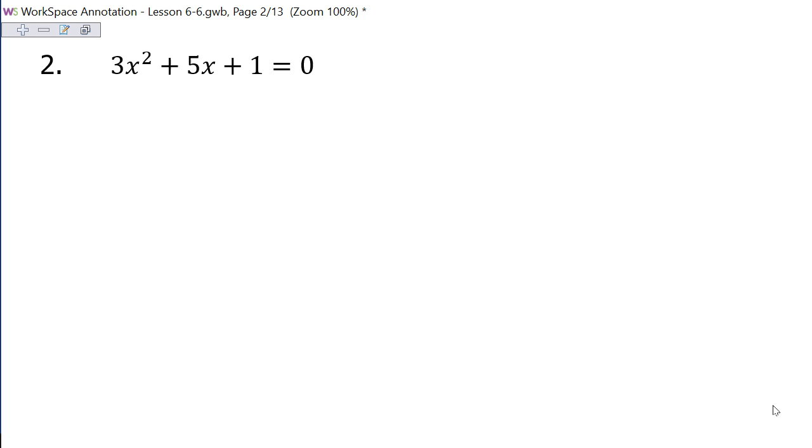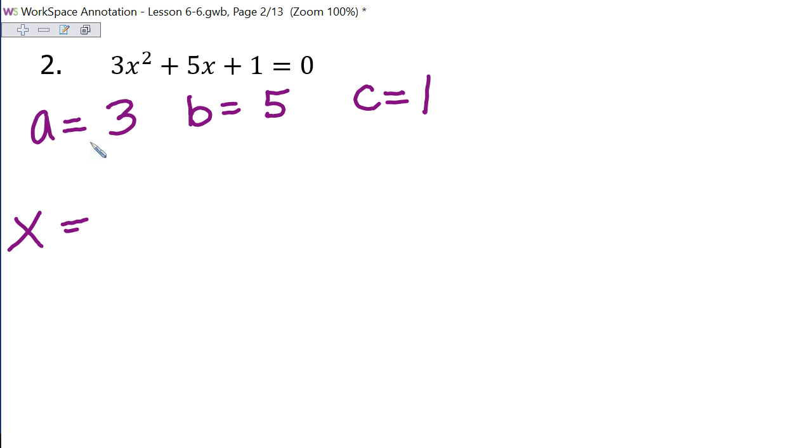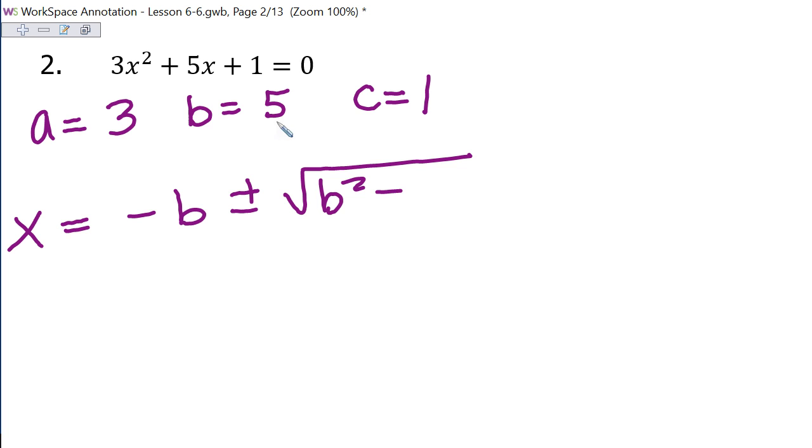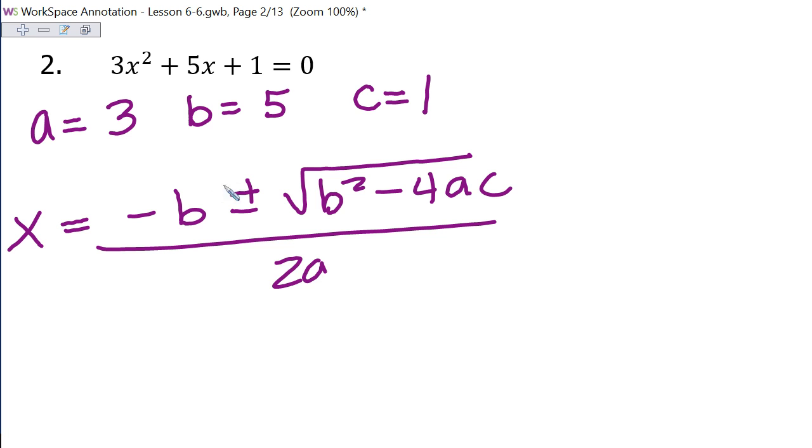So write down A, B, and C. So what's the value for A? 3. What's the value for B? What's the value for C? 1. And then write down your quadratic formula. X equals negative B plus or minus the square root of B squared minus 4AC all over 2A.